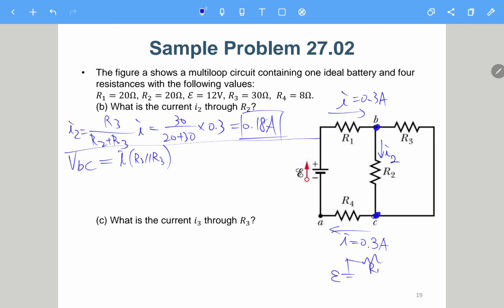This is R1, this is R2 parallel R3, and then this is R4. This is node B, this is node C. So the voltage VBC here should be I times R2 parallel R3.